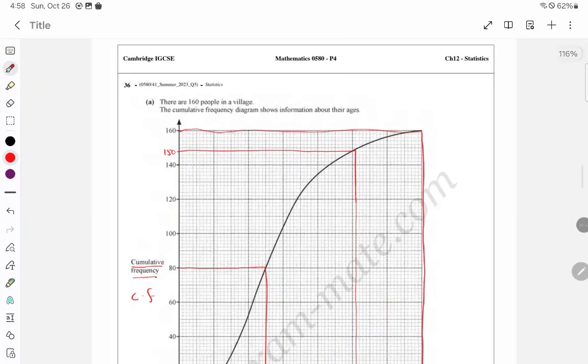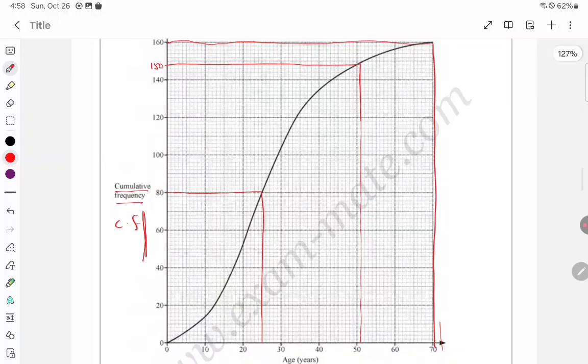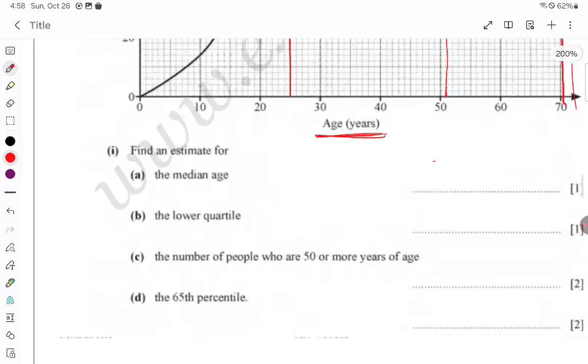So in question 36, there are 160 people in a village. The cumulative frequency diagram shows the information about their ages. The x-axis shows the ages and the y-axis shows the cumulative frequency. Now what is asked in the first part, the median age. What do we do for the median?